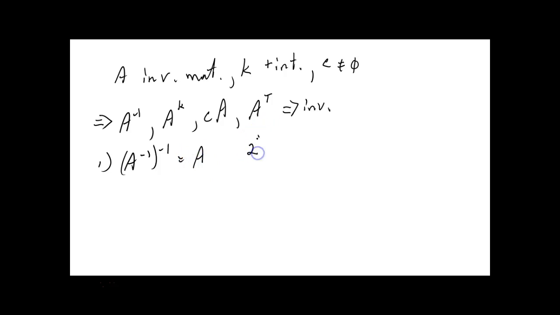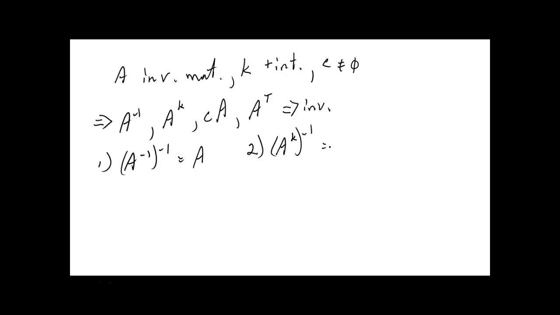The second rule, now this one we're going to deal with that k. A raised to the kth power, the inverse of that. Anyone want to make a guess of what this would be? Now they give some intermediate steps here which they don't really justify too well, but it's true.